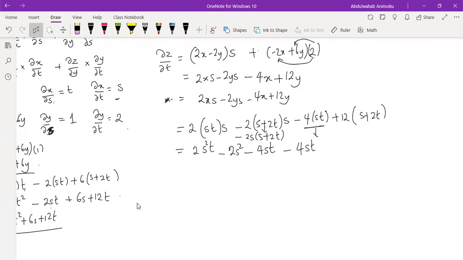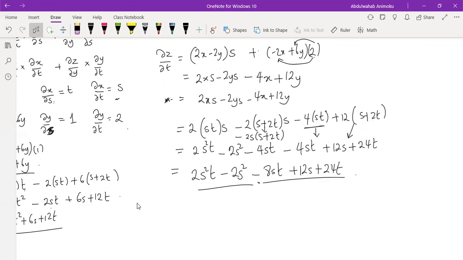And then in the last one, we have plus 12s plus 24t. So we can simplify further. We have 2s squared t minus 2s squared, then minus 4st minus 4st, that's minus 8st, plus 12s plus 24t. And now this gives us the final answer that we're looking for. So either you use this or you use this. Both of them are correct.